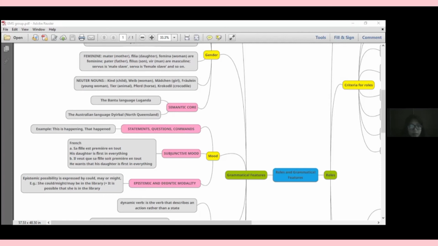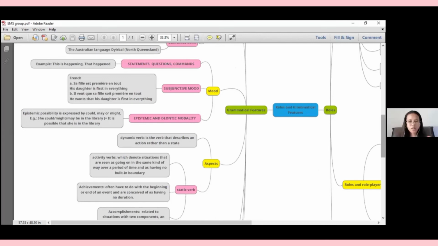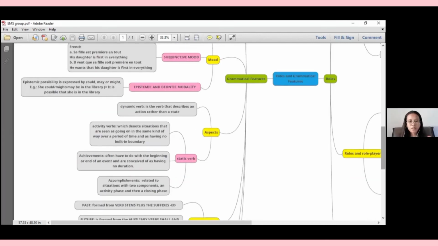Next, there is what we call aspect. So aspect consists of two: dynamic verb and static verb. A dynamic verb is a verb that describes an action rather than a state. Meanwhile, a static verb is a verb that describes a state rather than an action. So dynamic verbs are divided into three: activity, achievement, and accomplishment.